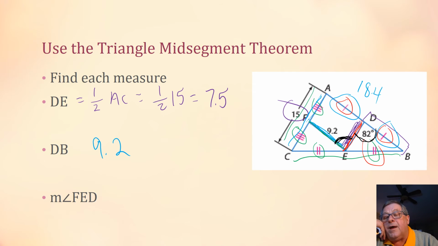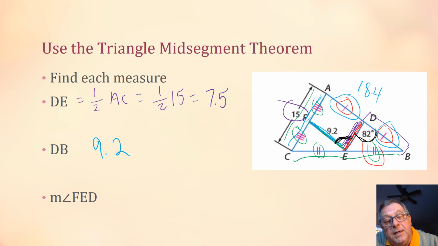All right, so if FE is parallel to AB, and we've shown that through the midsegment theorem, then ED is a transversal of FE and AB. And if that's the case, these are alternate interior angles. DBE and FED are alternate interior angles, and so they're going to be congruent.